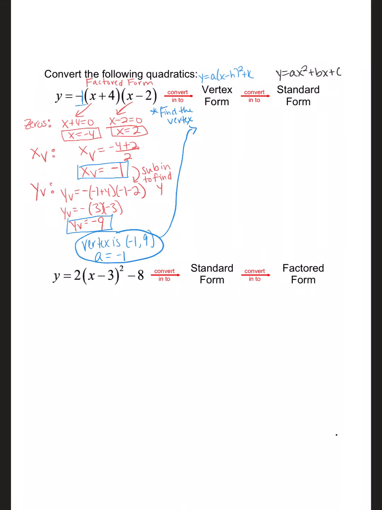So my a value is a negative 1. My h value is minus 1, so it's going to become a plus 1 inside of our bracket. And then our k value is a plus 9. So we have it in vertex form now. So we can see that's our vertex form.